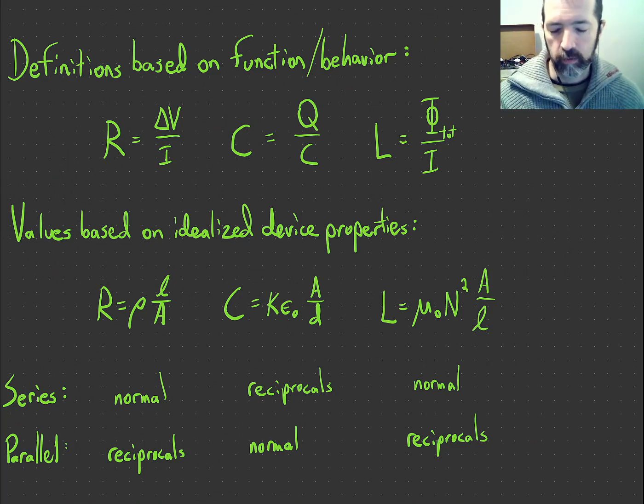So you need to know the dielectric constant for the stuff between the plates. That's again a material property that you would look up. You need to know the area of the plates and the distance between them. And then our idealized inductor is a solenoid. You need to know the permeability of the stuff inside it. You need to know how many turns there are. And you need to know, again, the cross-sectional area and the length.